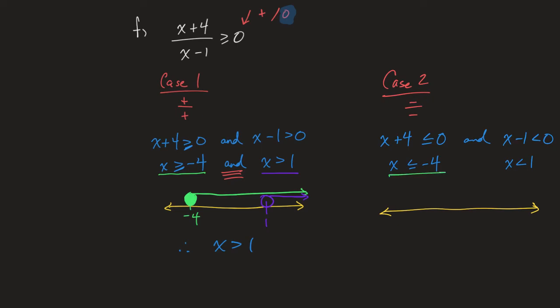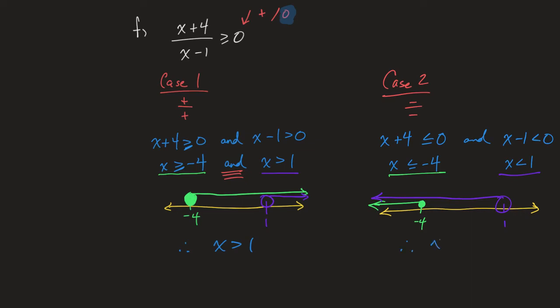My x is less than or equal to negative 4 is going to be graphed in green. My x is less than 1 is going to be graphed in purple. So now my joint statement would say, where do both of those exist?